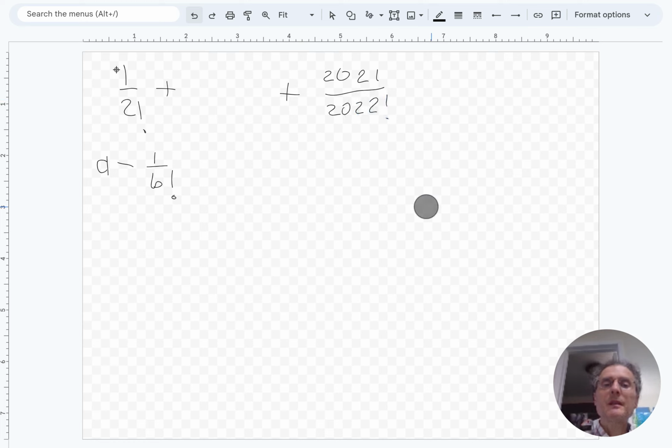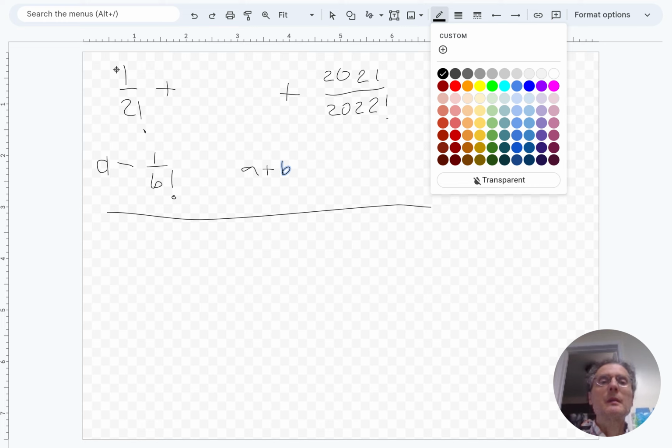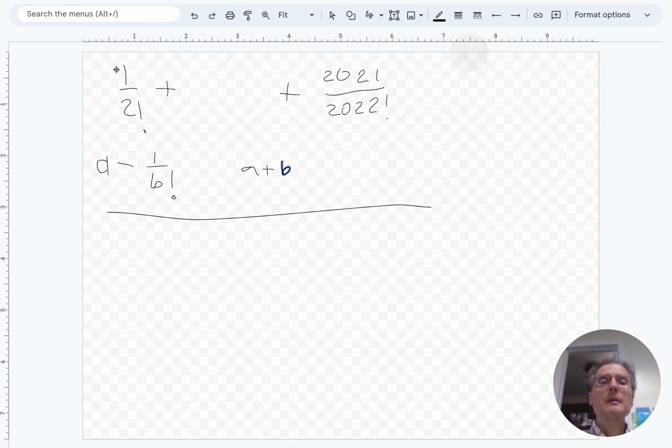But let's just make this simpler. Let's just say, and it says, what is a plus b? I want to make this thicker, so let me see if I can make the line thicker. Yes, so let's do it.